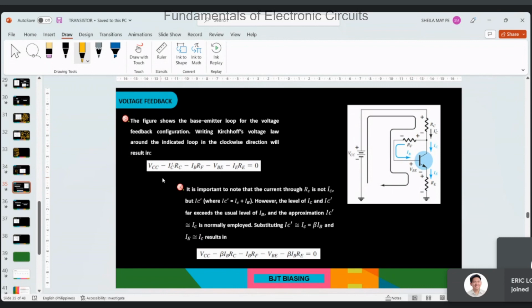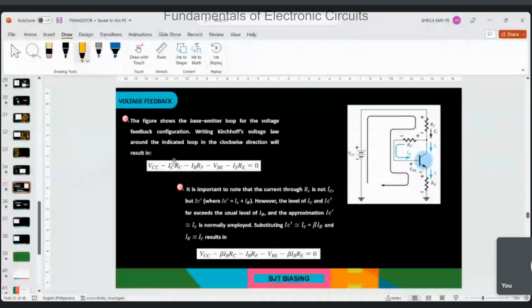The computation is the same as with IC, but we denote it here as IC bar because we are doing voltage feedback. The current flowing as IC bar has not yet reached the terminal or node where our resistor connects to the base.